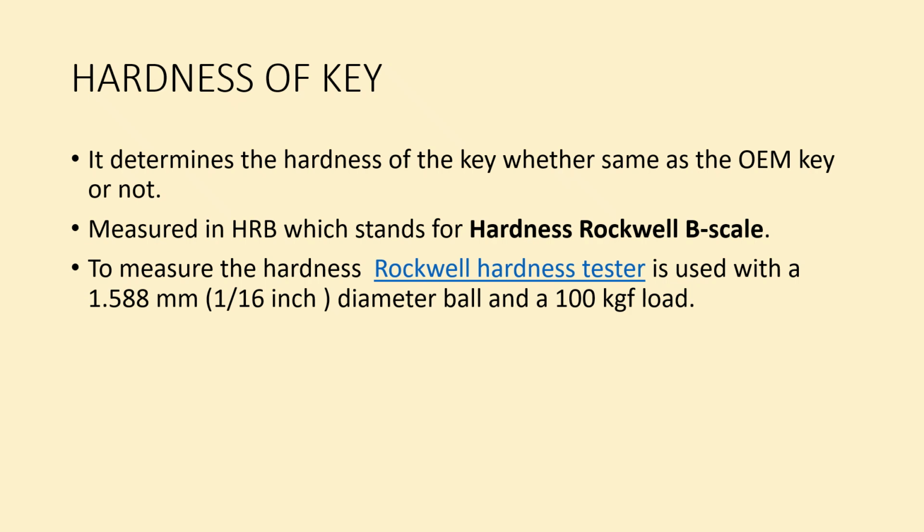Similarly, we have the hardness value of the original OEM key. Then we compare the hardness of the questioned key with that of the original key, and we write the unit HRB after that value.